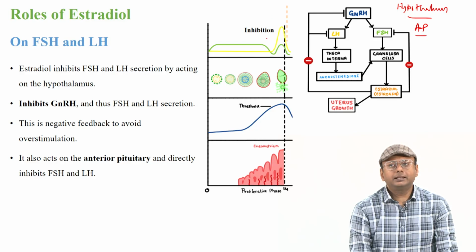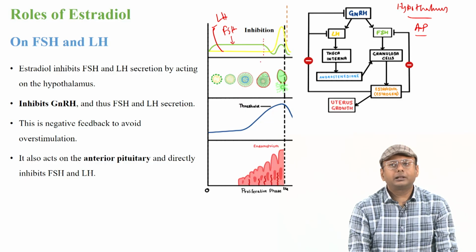Up to a certain time the FSH and LH level, so this is the FSH and the yellow line is the LH, were initially maintained at a stable level, but once the estrogen starts to form, it has an inhibitory effect because it directly inhibits both the hypothalamus and anterior pituitary, so that not more LH and FSH is being secreted. And when it inhibits, you see the LH and FSH level drops.